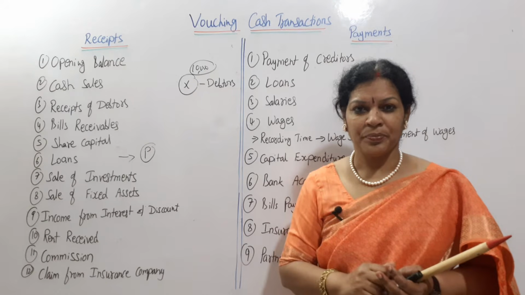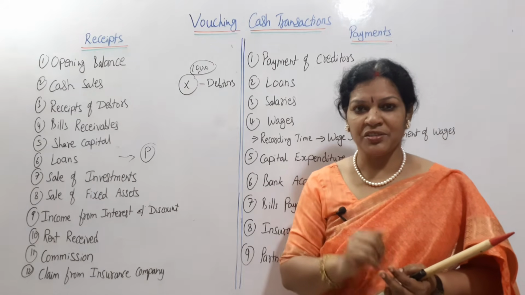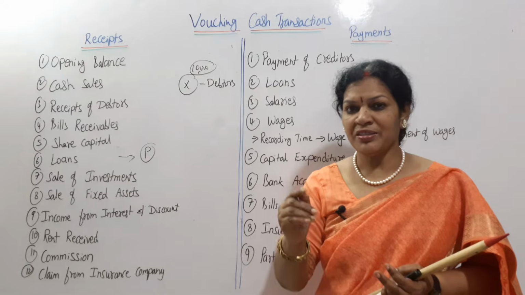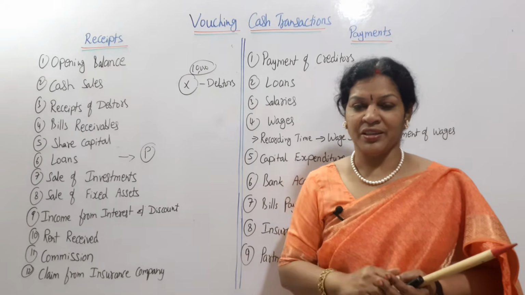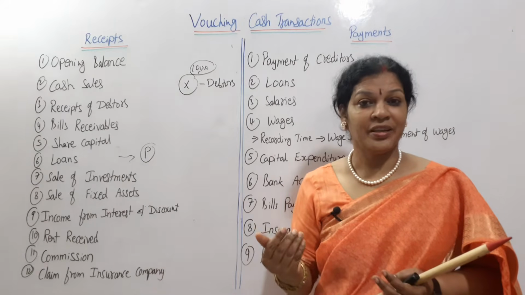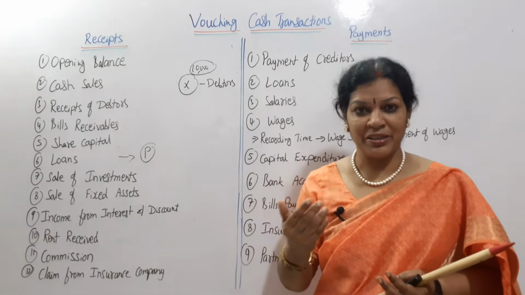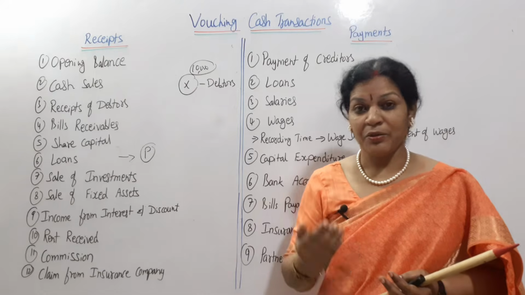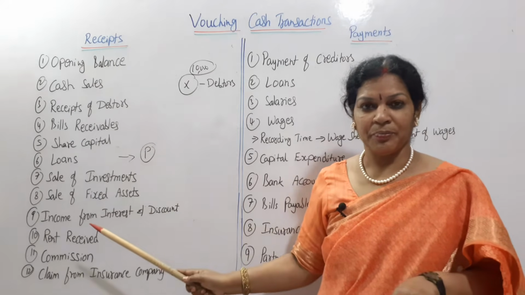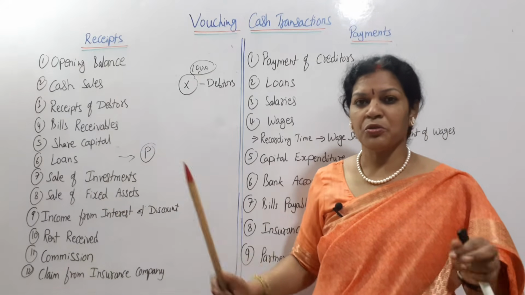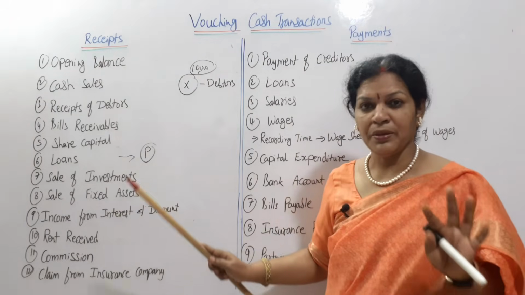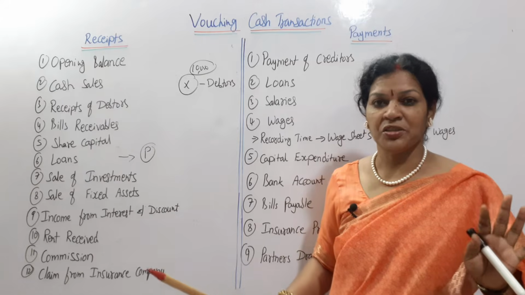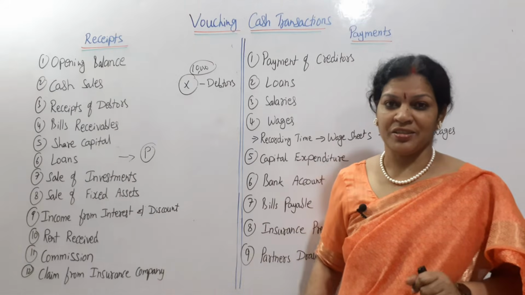What was the purchase price, and at what rate are we selling it? If you are selling at a loss, then that's a loss, and we must mention it. Income will be written as income, and loss should also be mentioned. So each and every step, the auditor has to check the sale of the fixed assets.